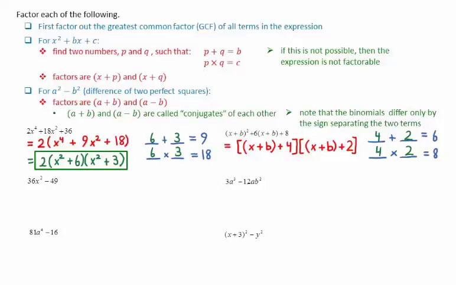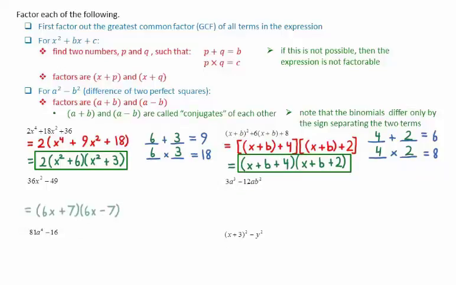Note that if you prefer, you could substitute another variable in place of the x plus b, and then at the end, replace it back with the x plus b. Simplifying this a little bit, we get x plus b plus 4 times x plus b plus 2.